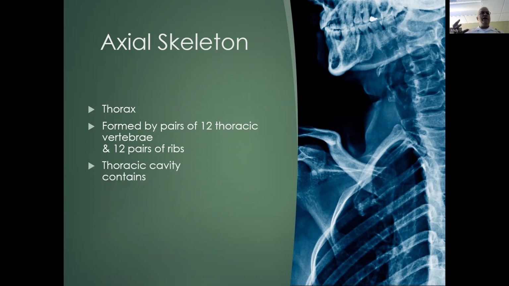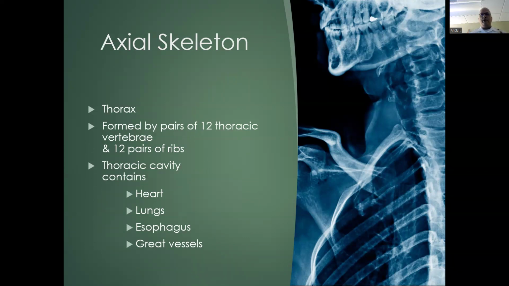And in the cavity that is created by those surrounding ribs, you have the heart, the lungs, the esophagus, and the great vessels, like the aorta. You have the thoracic aorta, which is a gigantic vessel.